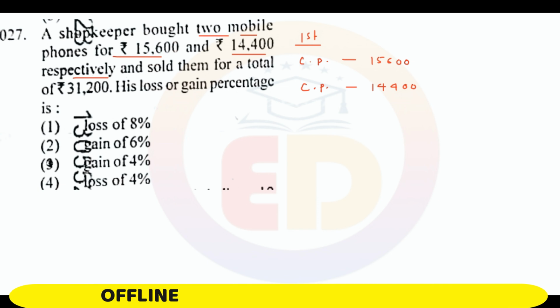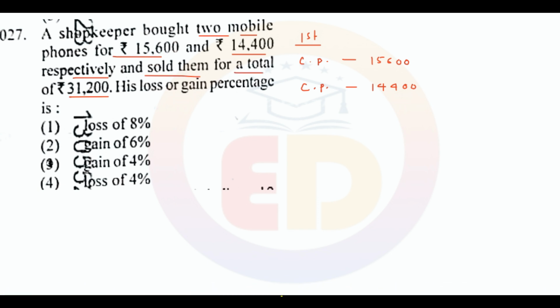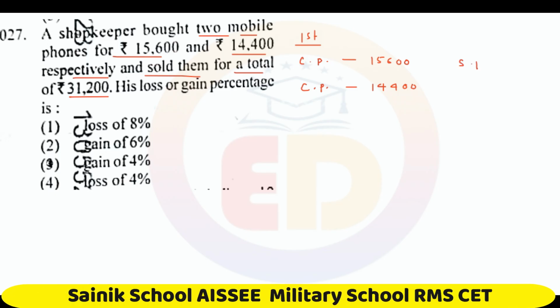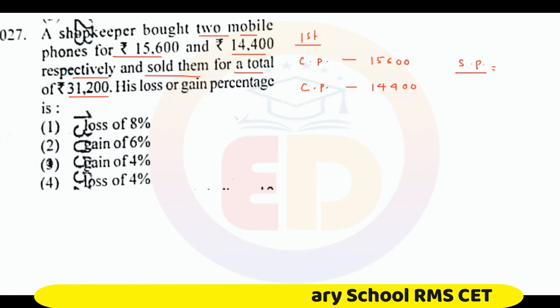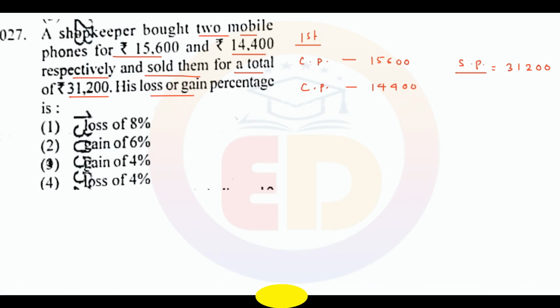The question says, and sold them for a total of 31,200 rupees. Sold means selling price. Selling price is 31,200 rupees. Now they are asking what is the loss or gain percentage.